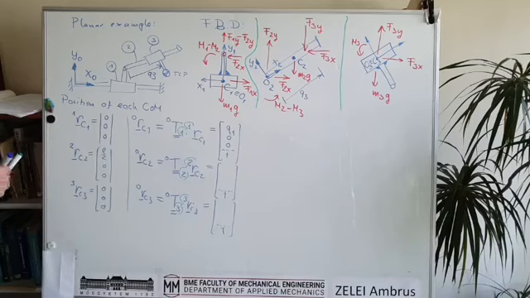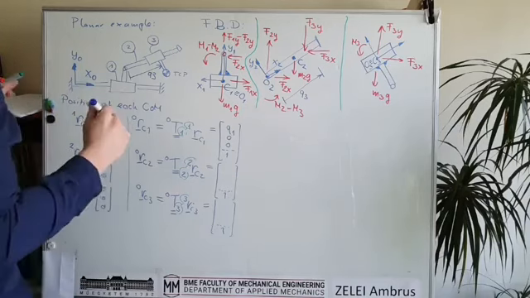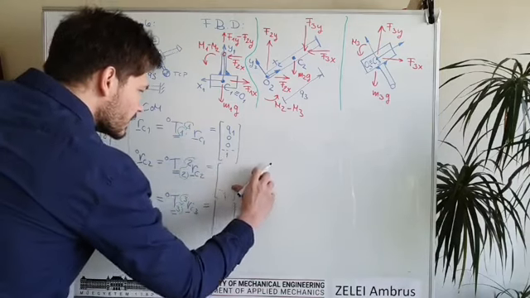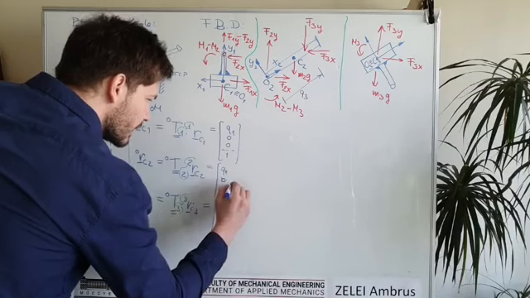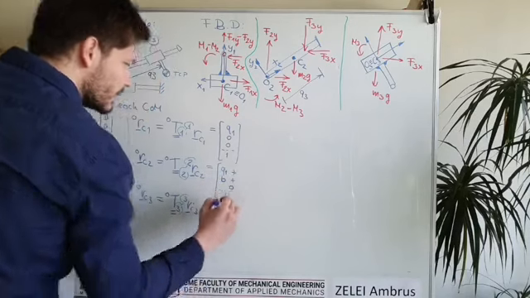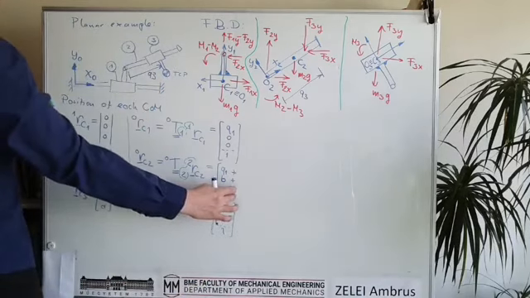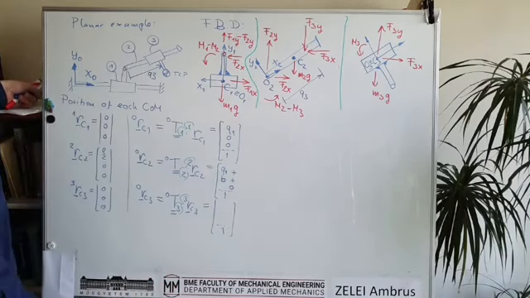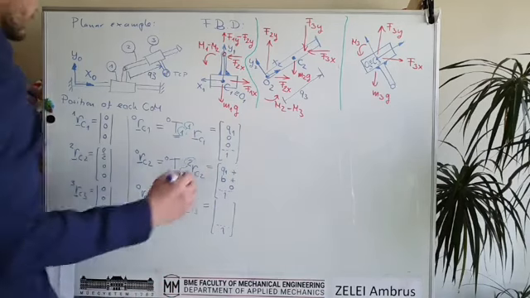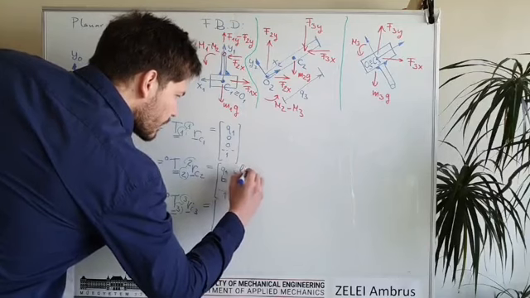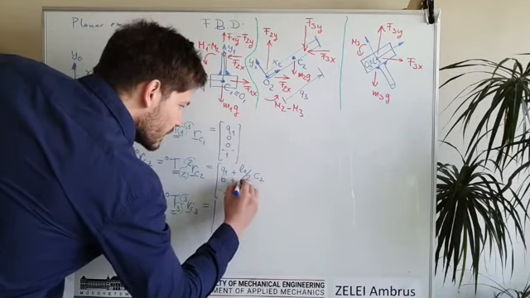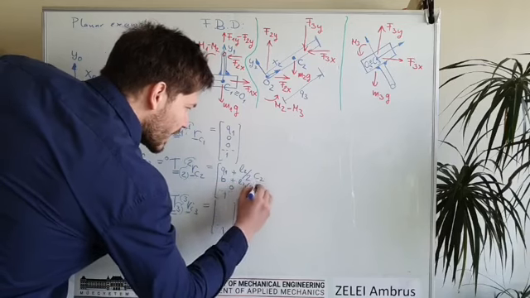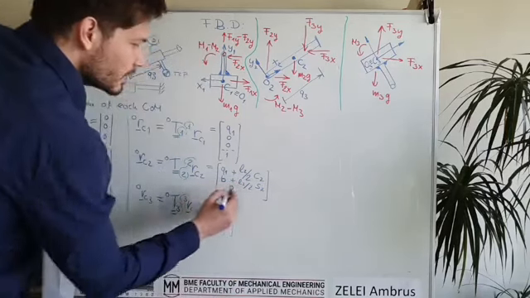So here the position will be Q1, oops, it's not enough. So it's Q1 and b plus something, and the z component is 0. So it's L2 over 2 times cosine Q2, L2 over 2 times sine Q2. This is the position.